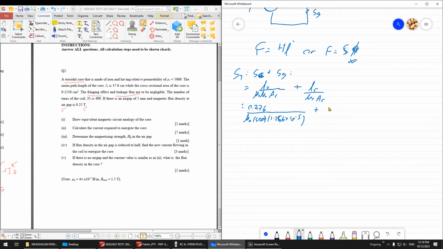Plus L gap is 0.005, mu naught, 0.256 multiplied by 10 to the power of negative 5. So make sure the area is the same. Sorry, this one is gap, this is gap.